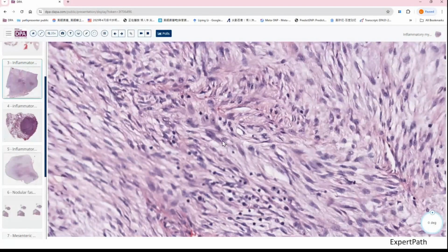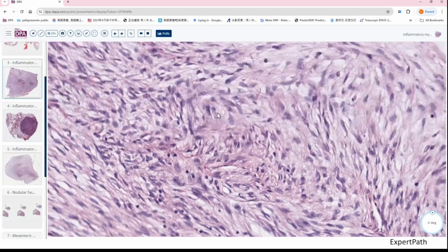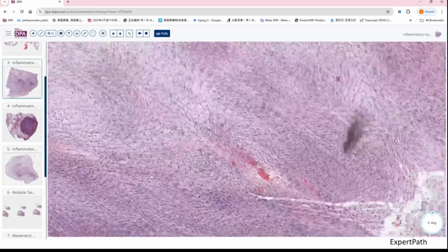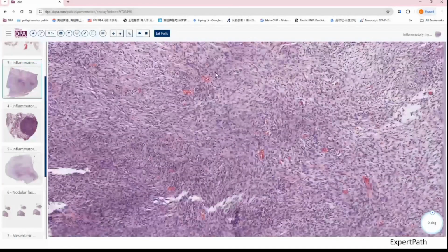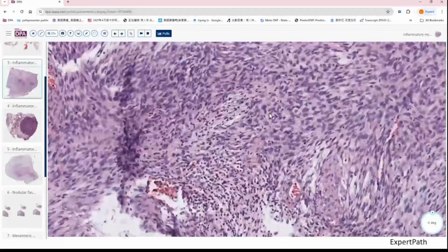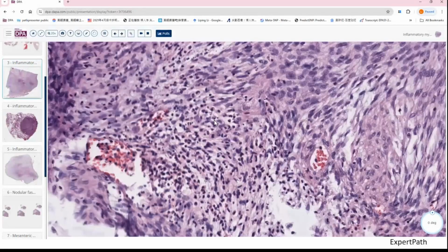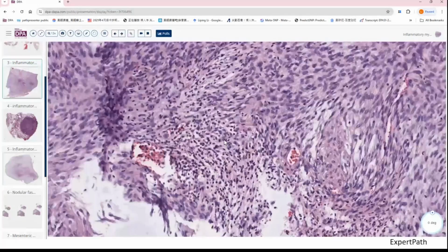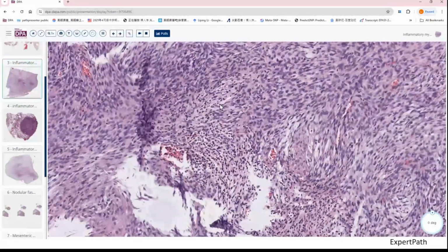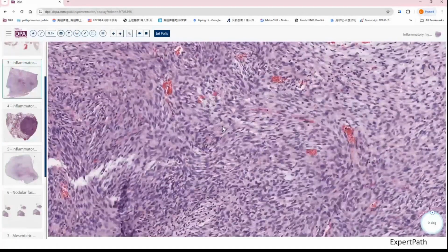We have open chromatin, no prominent nucleoli, and light purplish cytoplasm. Going to the more hypercellular area, we will see a lot of inflammatory cells. These are lymphocytes, maybe some neutrophils here. And I think Dr. Gardner always mentioned a true IMT.